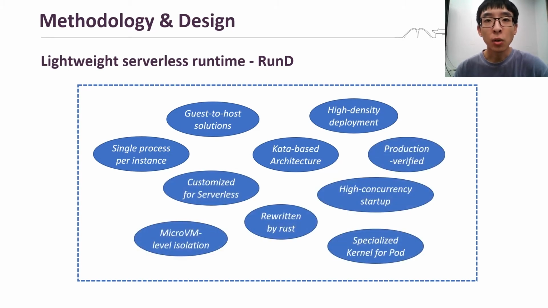The negligible host-side overhead in a traditional VM can cause amplification effects in serverless with high density and high concurrency, and any trivial optimization can bring significant benefits. To this end, RunD shows various advantages in serverless computing.